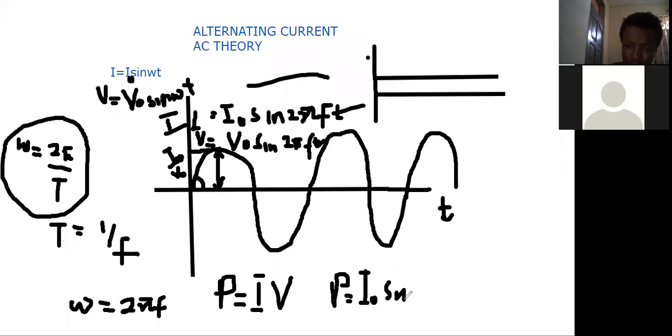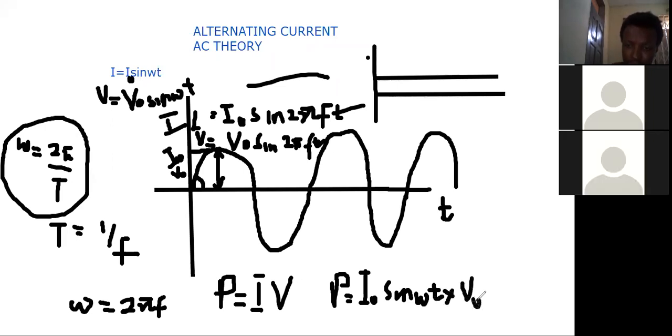You can do it in terms of omega t, or 2 pi f t, whichever way. So this will be I naught sine omega t, times V, which will be V naught sine omega t.